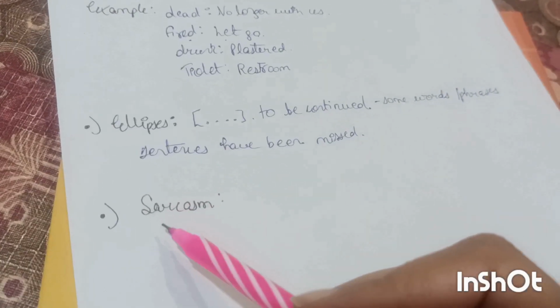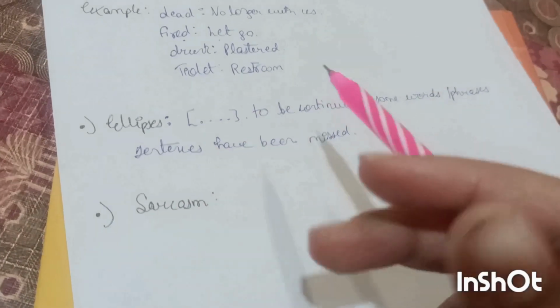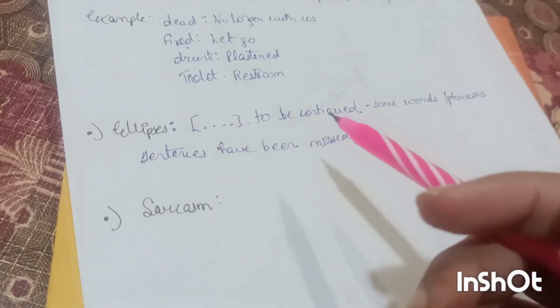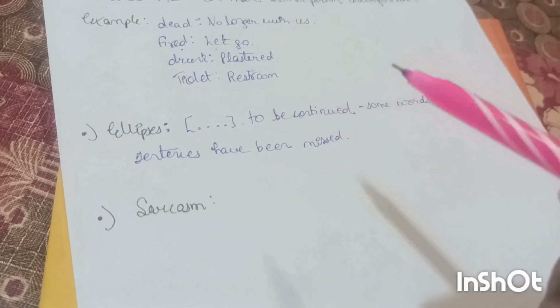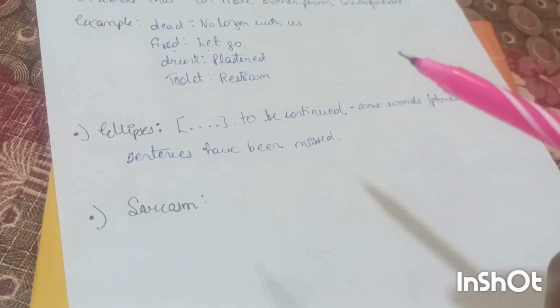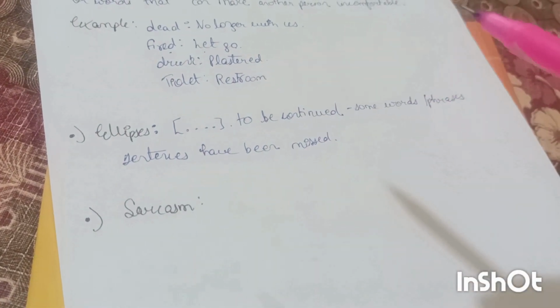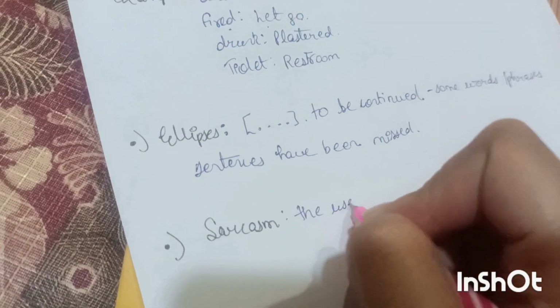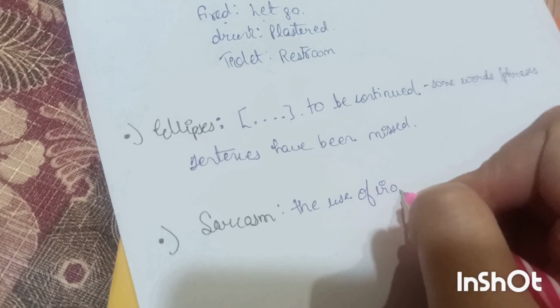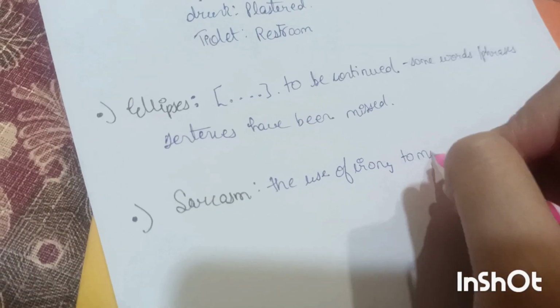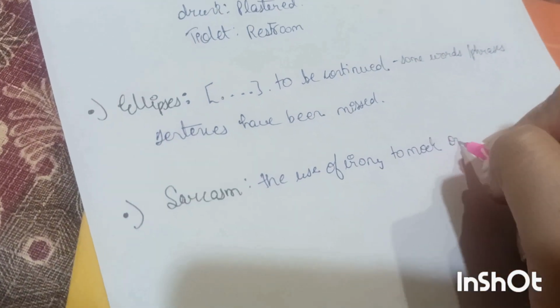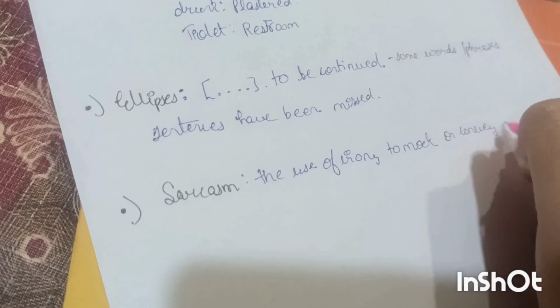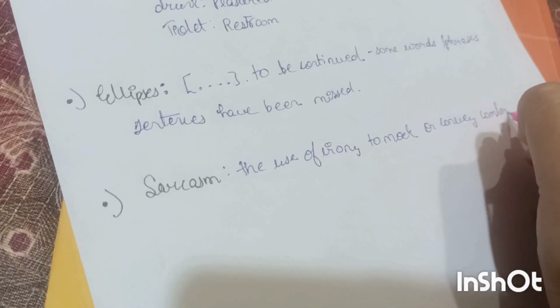So the next one is sarcasm. In this, what happens is that we are using some words that mean something else, okay? But why do we use those words? We use those words so that we can insult the other person, okay? So you can write it as the use of irony to mock or convey contempt, okay?